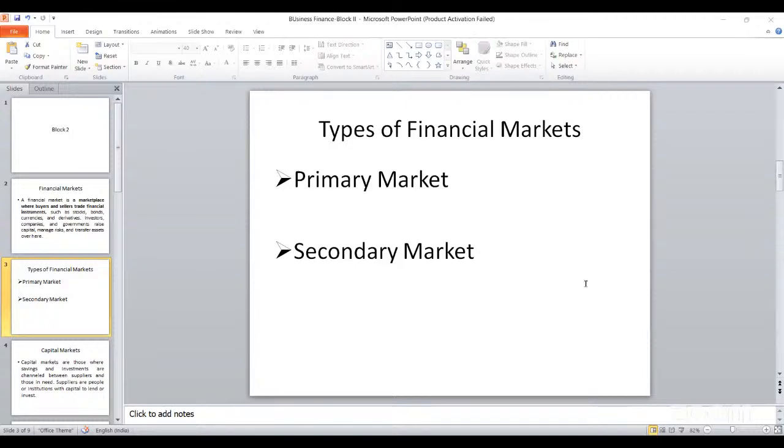IPOs are similar to shares, and they are sold from one party to the other, allowing investors to manage their financial risk and generate profits. Financial markets are governed by regulatory bodies. You have heard about SEBI, the Securities and Exchange Board of India. You have heard about the SEC, the Securities and Exchange Commission.